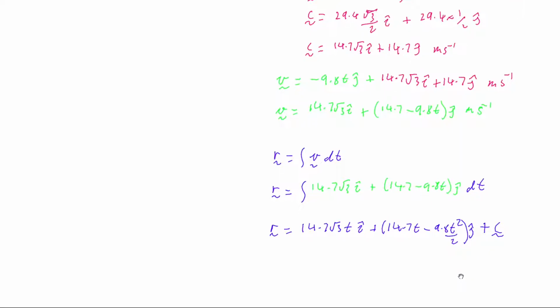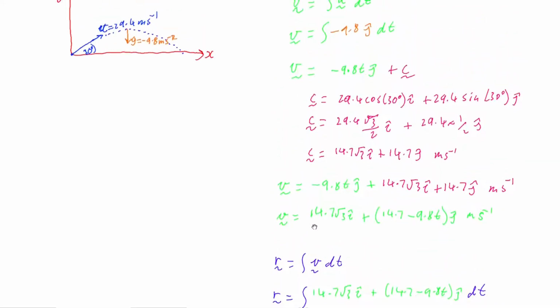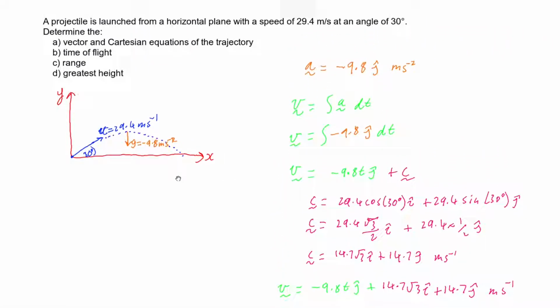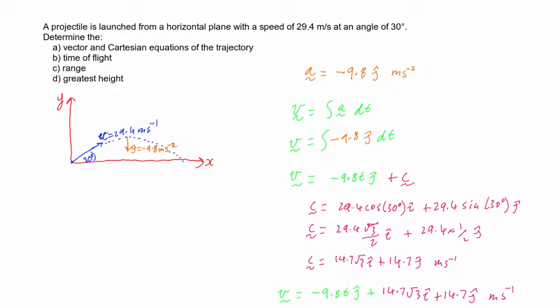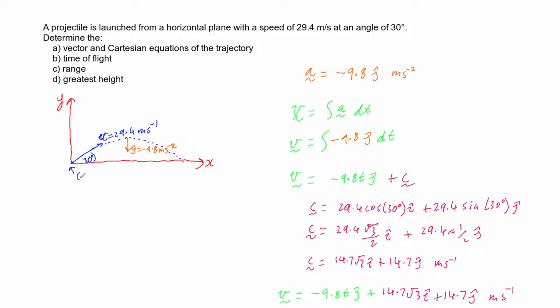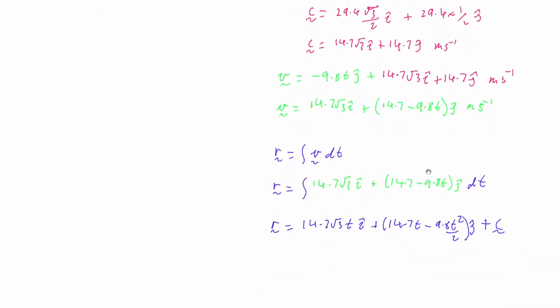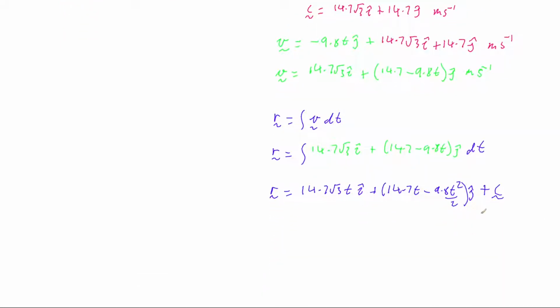So now I just need to know what's our initial displacement. And our initial position, because we set up our Cartesian plane to begin with, so we've got our reference point. This point here is 0, 0. So that gives us our c. So that means that c here is 0, 0.